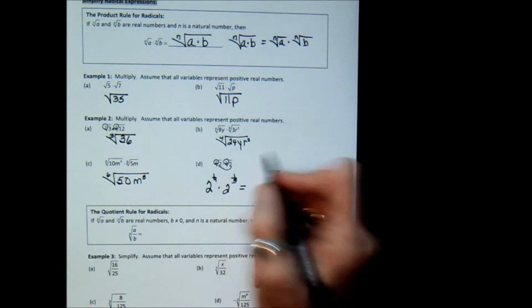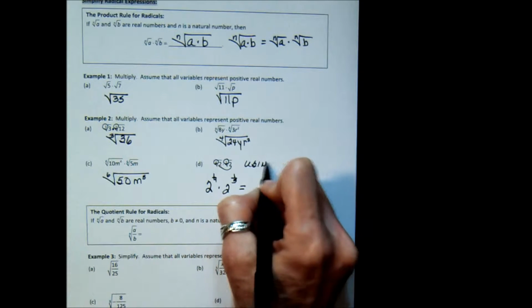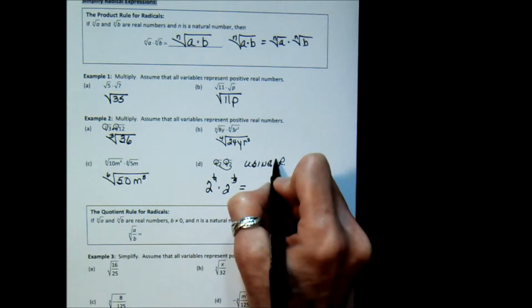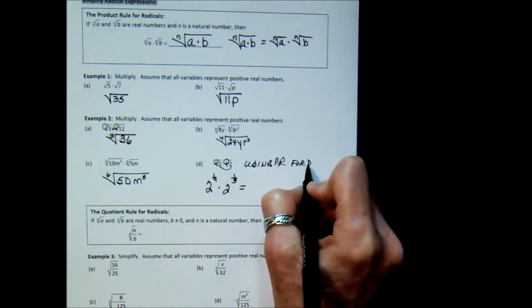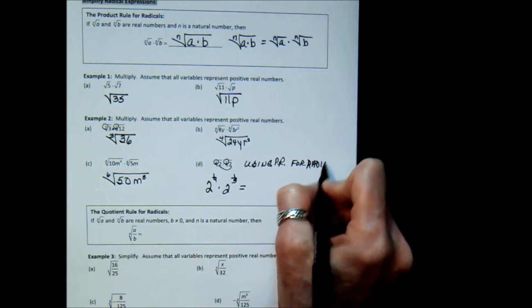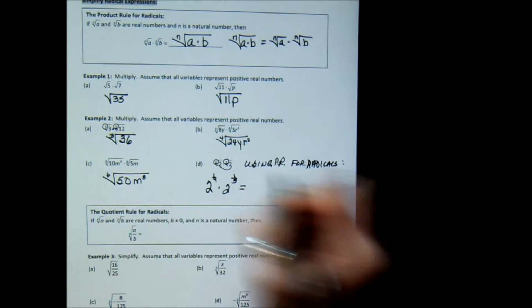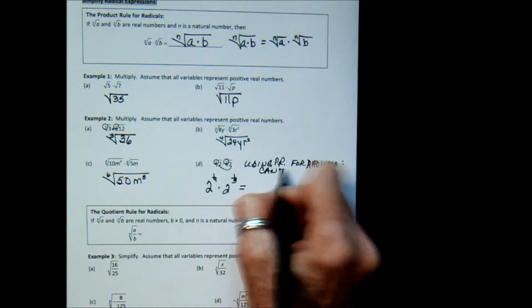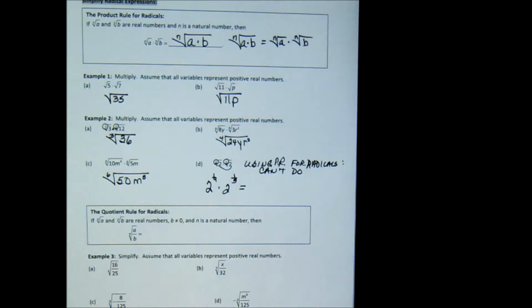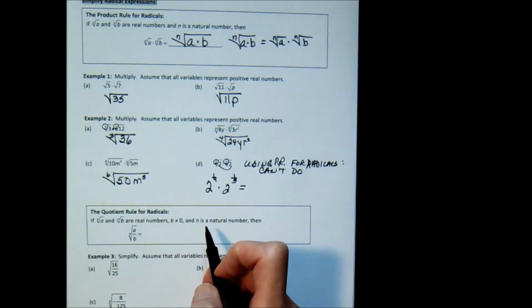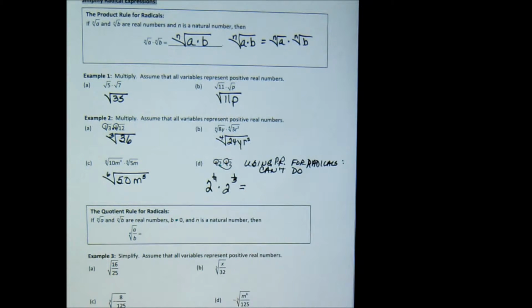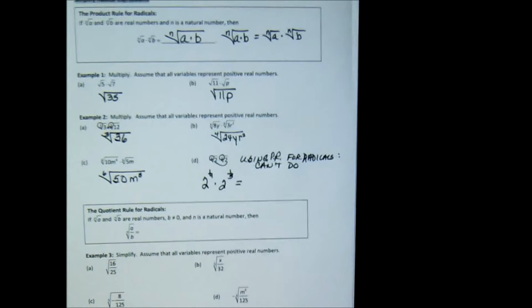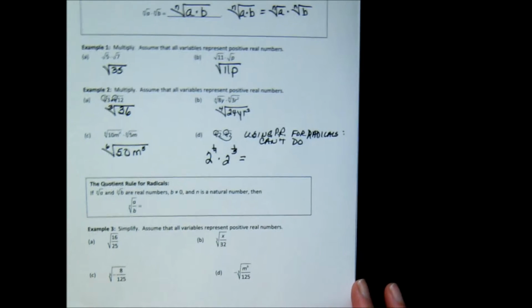So it can't be done using the product rule for radicals. The only way you could do it is by using the product rule for exponentials. And I'm not going to finish that because we're talking about using the product rule for radicals here. You can do that by finding a common denominator and adding your exponents.